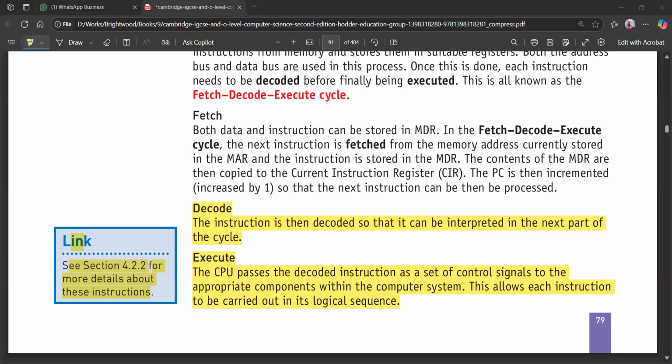Okay, please write down. Yes, that's very important. Write it down.